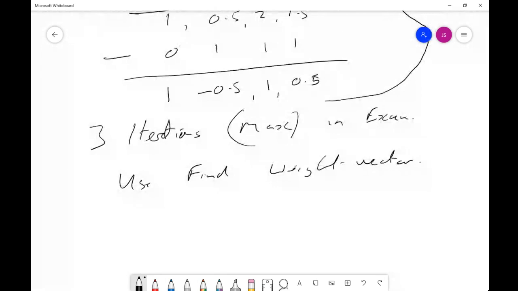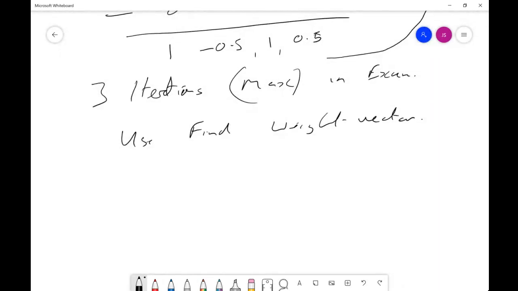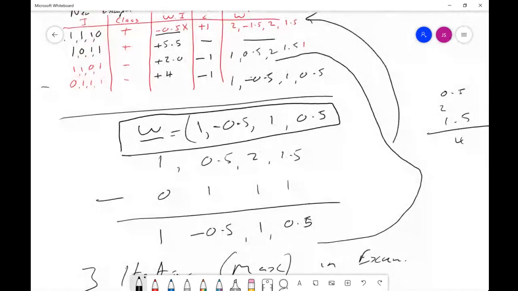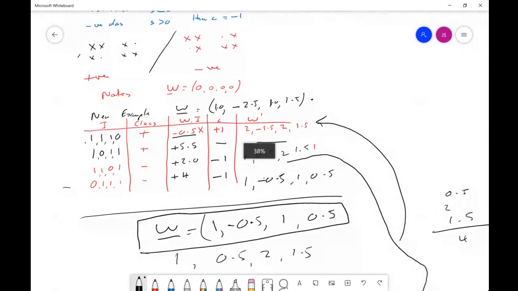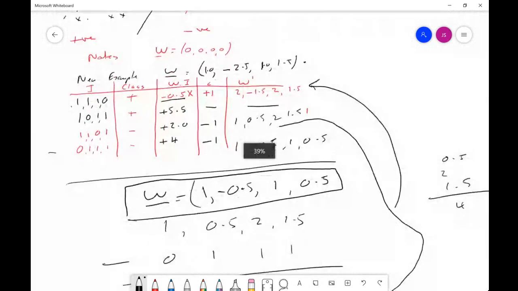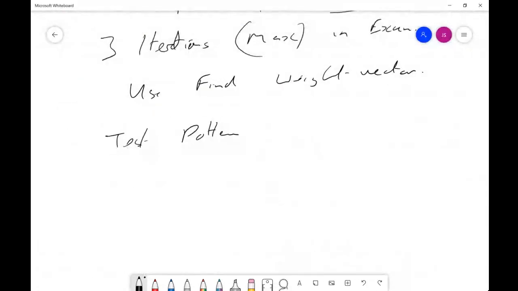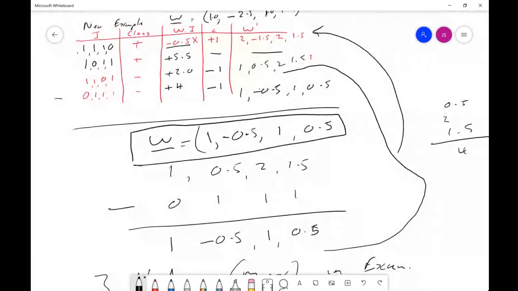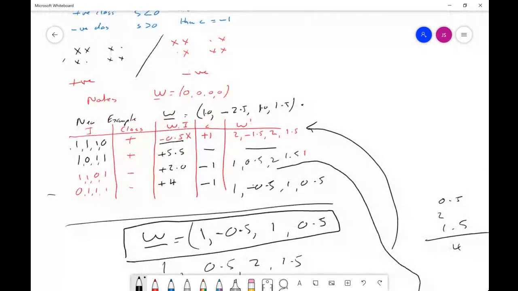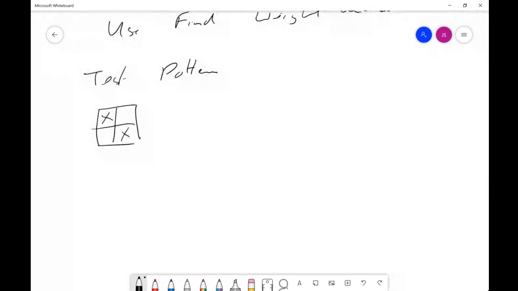Now, if that was the final weight vector, and I had a test pattern, let's choose one that's not in the training set. Let's have a diagonal. That's not in the training set. No, that's good.